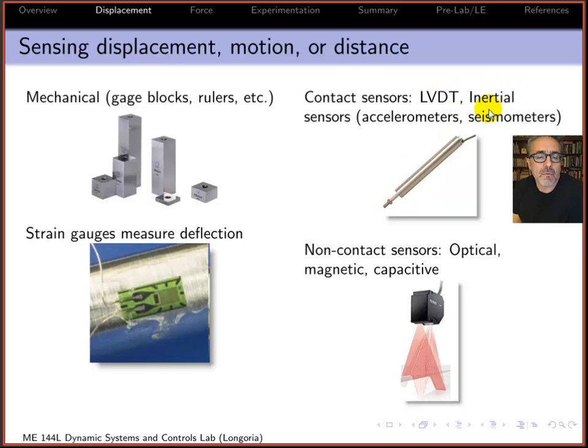And in another lab, we'll talk about inertial type sensors for motion, accelerometers. Strain gauges can be classified as a sort of displacement sensor. You are measuring strain, which is how much you are stretching, if you like, a piece of material. And then there's a whole class of other types of non-contact sensors that are optical, magnetic, and capacitive.